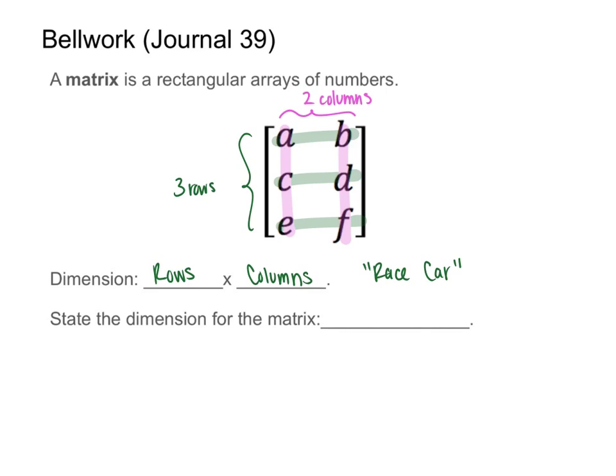So we call this matrix a 3 by 2. That X here, we just pronounce it as by. So a 3 by 2 for this case, because you always say rows then columns. Alright, so if you're feeling pretty good about naming or referring to the dimension of this matrix, let's practice this skill in the next slide.